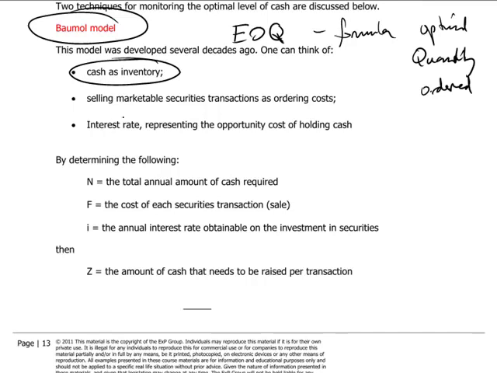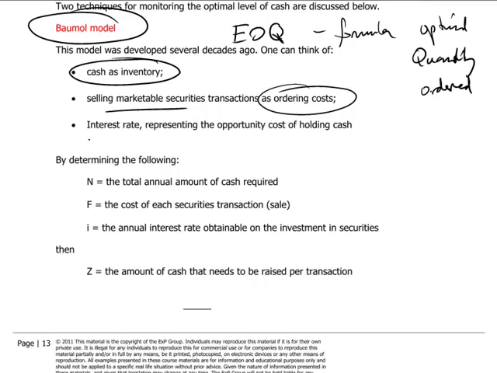excess cash is invested in marketable securities, and a certain amount of it has to be liquidated on a periodic basis in order to transform or to liquidate the securities and bring them back into cash, which is considered to be analogous to the ordering costs that we're familiar with in the economic order quantity theory.